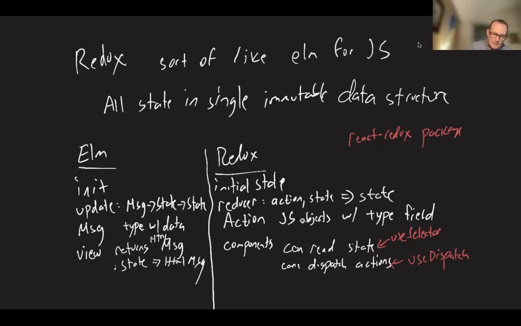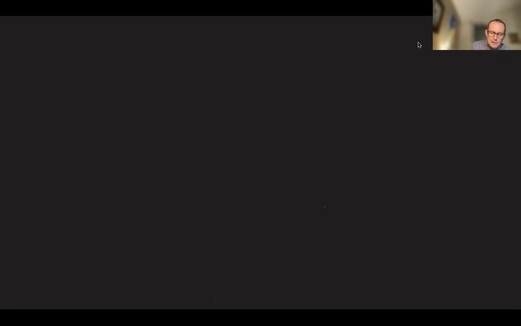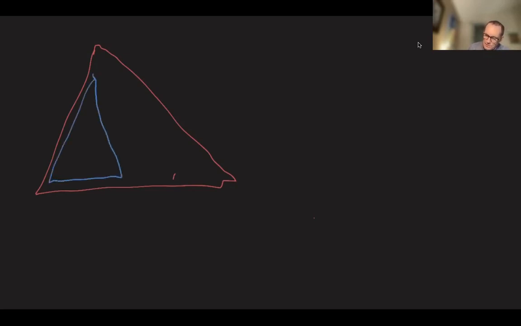But just to give an idea of some of the things that is commonly done in Redux, we often will have more than one reducer. If we look at our state information, which we can think of as a tree with some JavaScript object at the top, we may have multiple subtrees within here. So we may have, say, a tree within here and a tree within here.